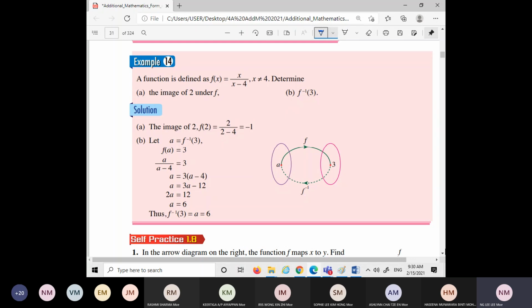Determine the image of 2 under f. This is simple. The image of 2 means they're asking for the image, the object is 2, so you're finding f(2). Just substitute: 2 over 2 minus 4, so you get -1. We go to part B.